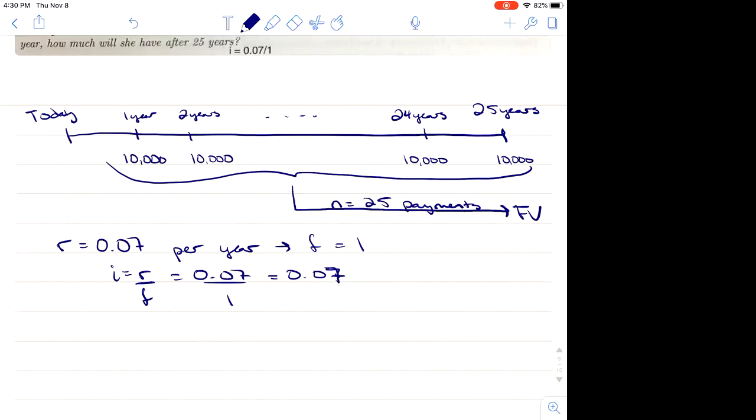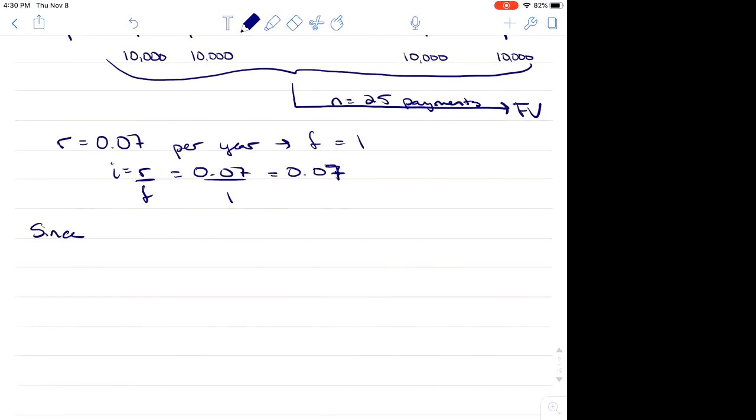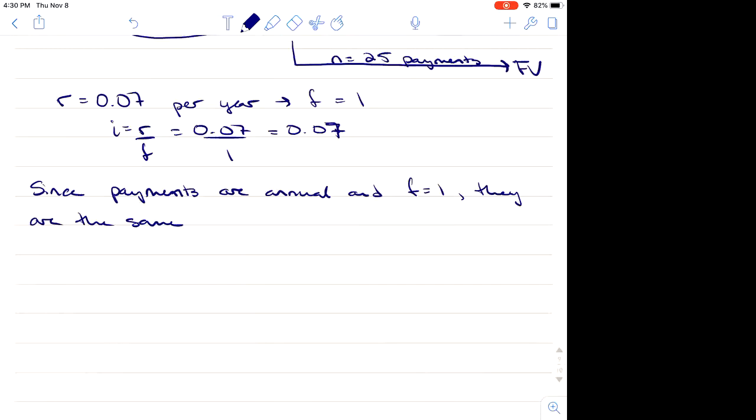And so we're making payments annually, every year, and I guess compounding every year. So they're the same. That's what makes it a simple annuity: payment and compoundings are the same. Since payments are annual and F is 1, they are the same, which means we have a simple annuity.